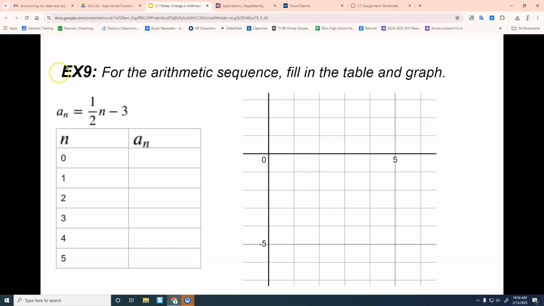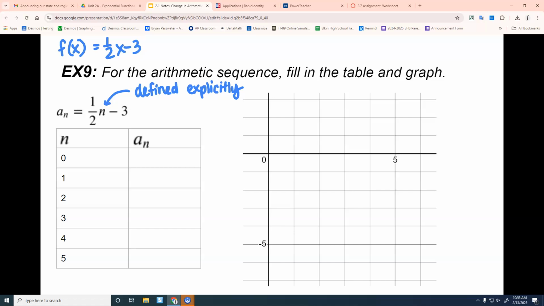So if we were to look at the arithmetic sequence given here, whenever you see an n right here instead of an a with the subscript n, this is defined explicitly. Okay, so whenever you have the n, all you have to do is plug the n in. It's very much like having f of x equals 1/2 x minus 3.